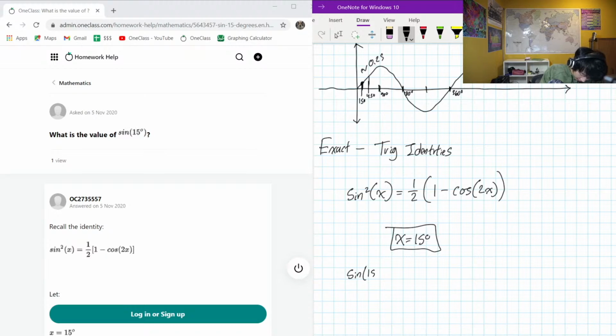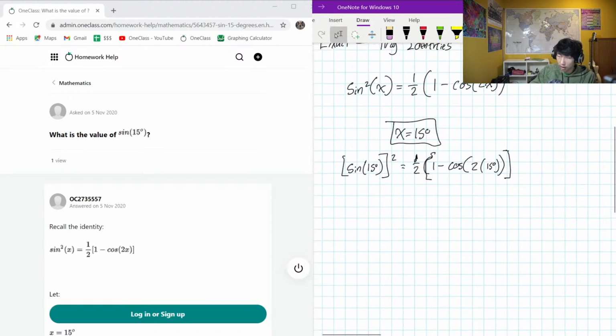So sine of 15 degrees, and we square it, because that's really what the sine squared means. It's a little bit more clear, but a little bit tougher to write. It is going to be equal to 1/2 of 1 minus cos of 2 times 15 degrees, which of course we know is going to be 30 degrees.